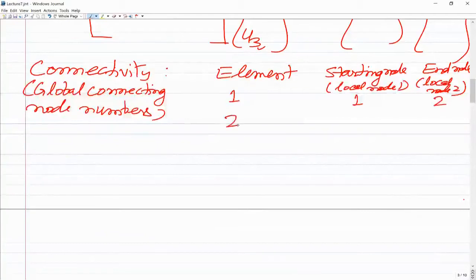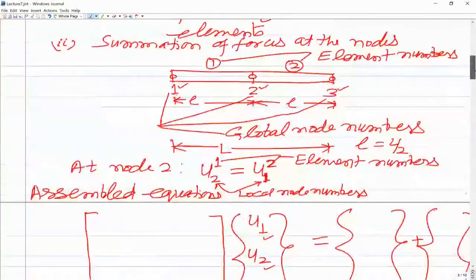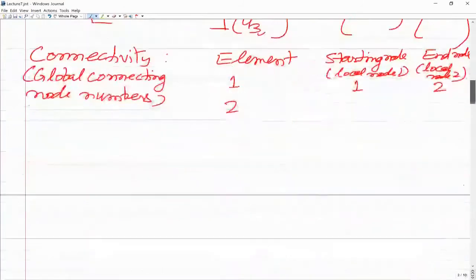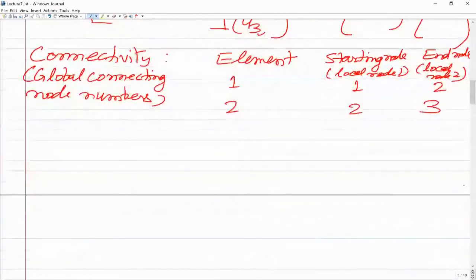Now for element number 2, its starting node is global node number 2, and its end node is global node number 3. So we have here 2 and 3. This is the connectivity.